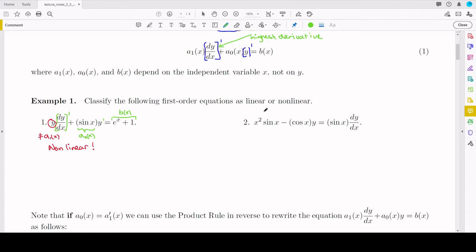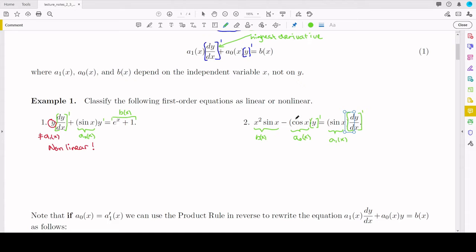Okay, let's take a look at the next differential equation. It's in a slightly different form, but we have dy/dx showing up to the power 1, and then we can call this a1 of x equals sine of x, and then we have y to the power 1, and then cosine of x, that's our a naught of x, and then this function here is our b of x.